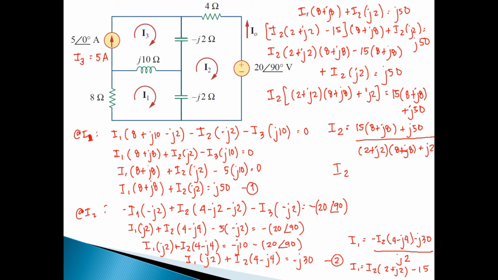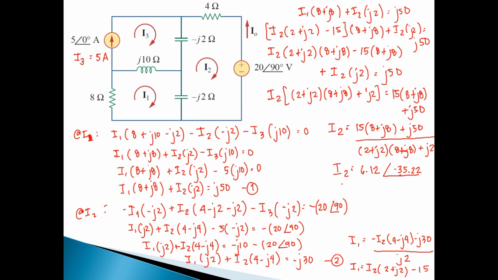So I2 is equal to 6.12 angle negative 35.22.